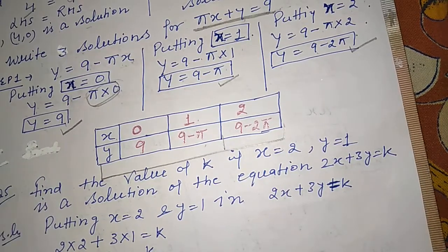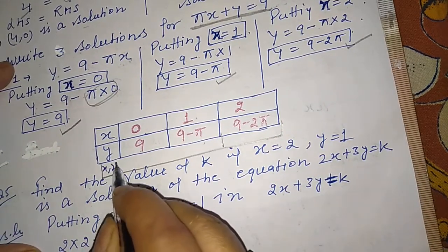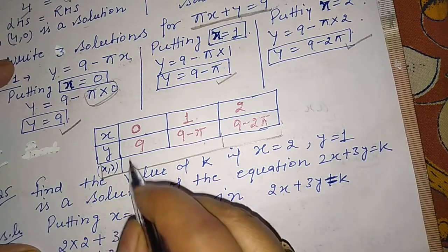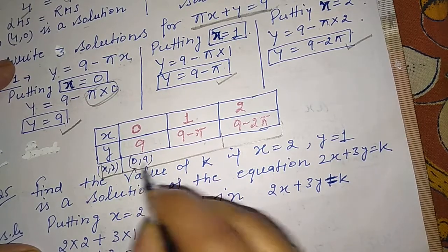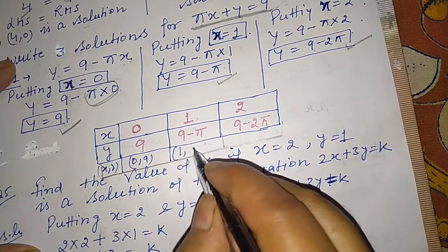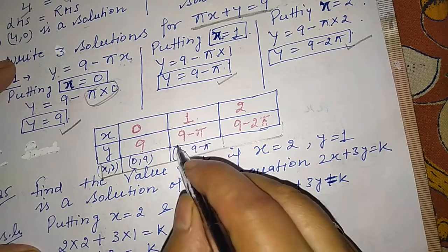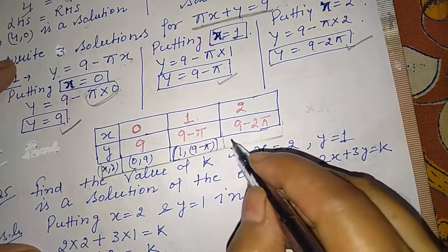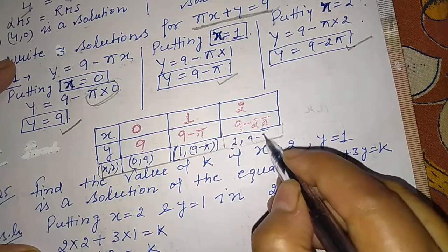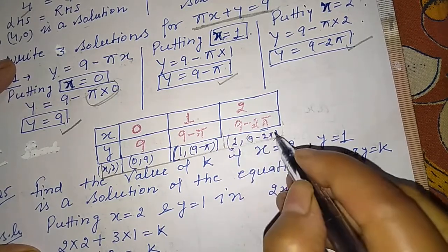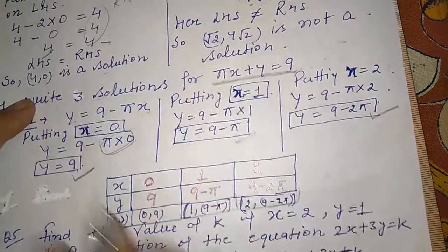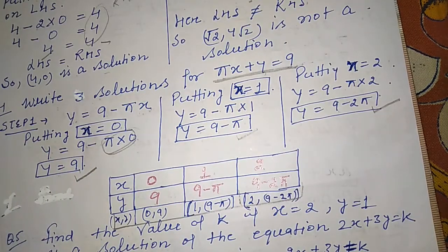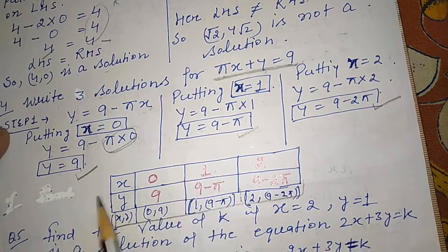We will write them in a box as (x, y): (0, 9), another ordered pair (1, 9 minus pi), and the third one (2, 9 minus 2 pi). I have got these ordered pairs from this solution. So whenever you have to find the solution, always write it in this form.